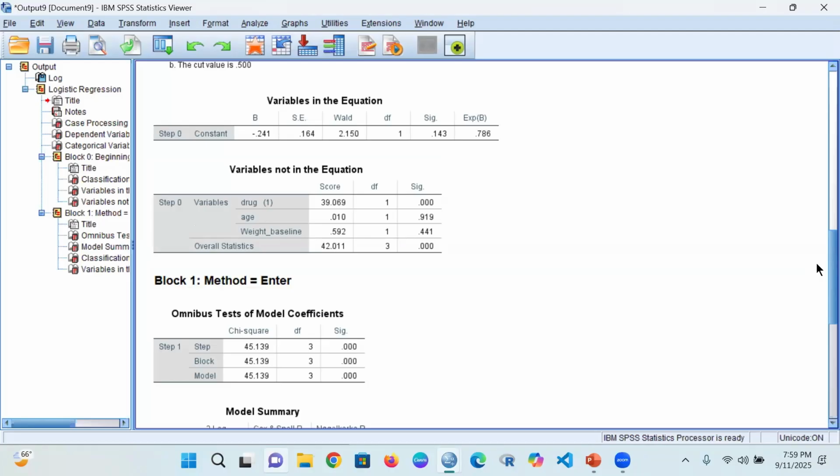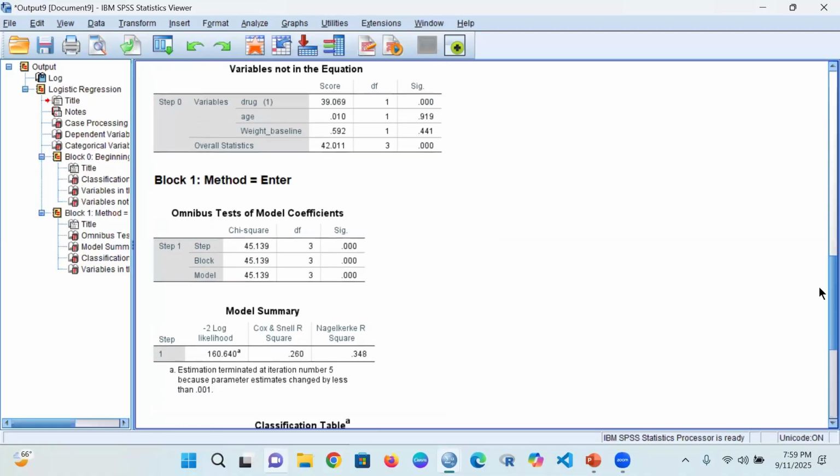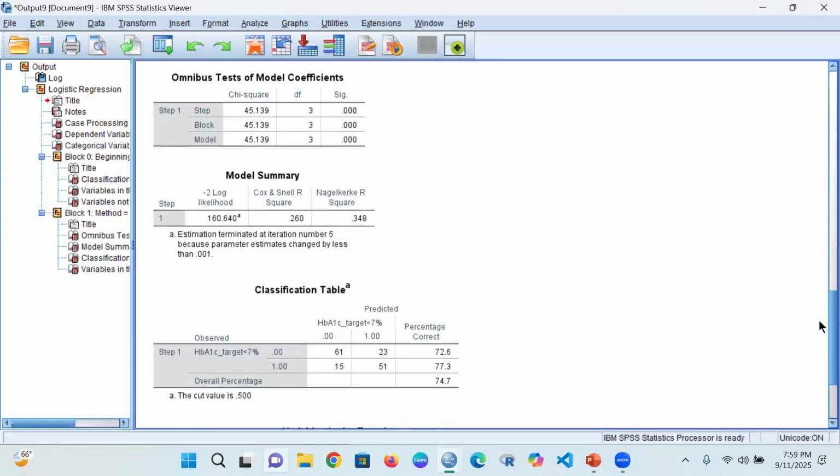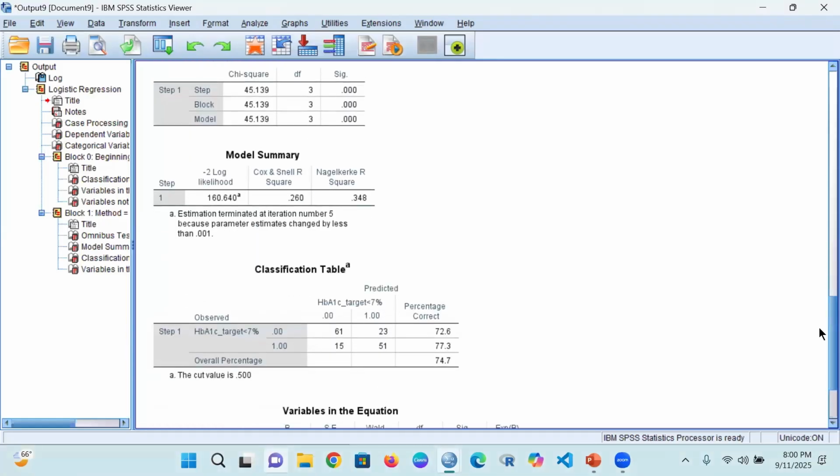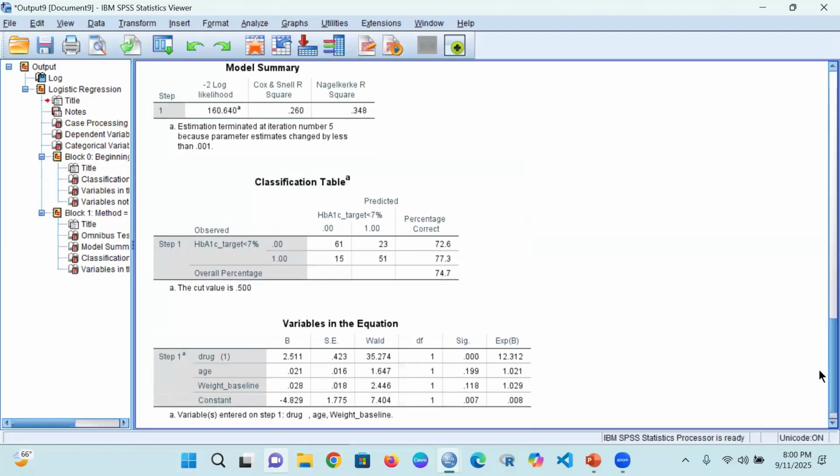So block one. So here we say that the model fits. It tells us that in reaching the HbA1c target, the patients, especially the ones who are under the drug, they were the ones with stronger probability of reaching the target.